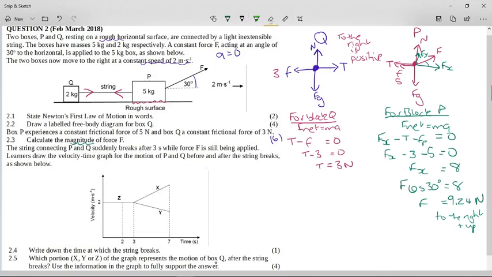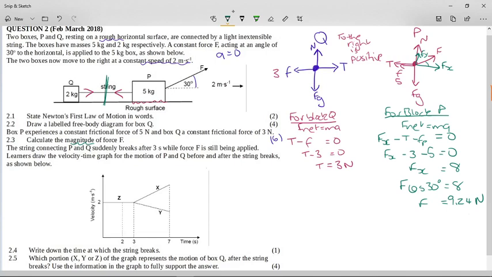Okay, so then we have a look here what else is going on with these two blockies. It says to you the string connecting P and Q suddenly breaks, so it's this string here, suddenly breaks after 3 seconds while force F is still being applied.